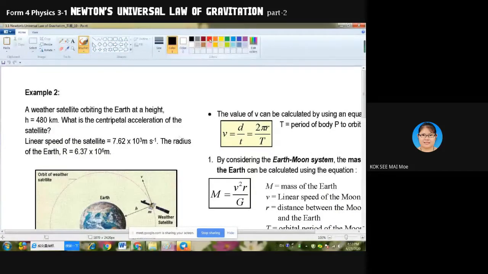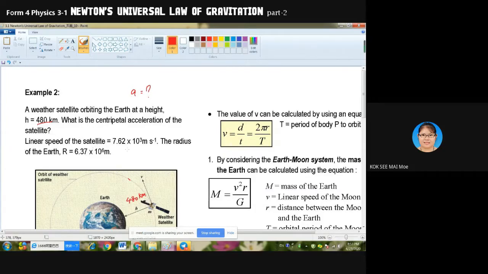The first one is the weather satellite. It orbits the Earth at a height of 480, which means you are already outside of the surface. What is the centripetal acceleration? They want to find acceleration, so that means they want to find a of the satellite.